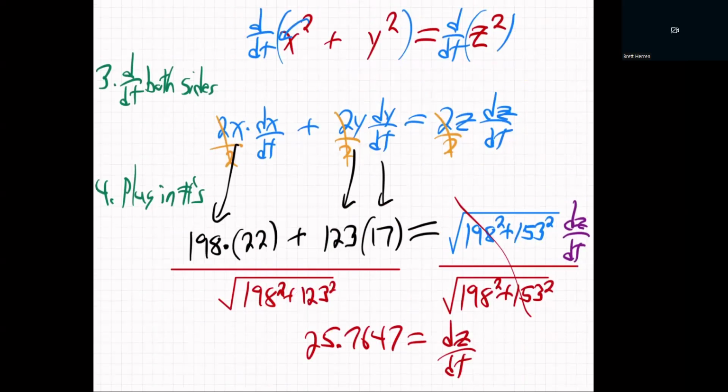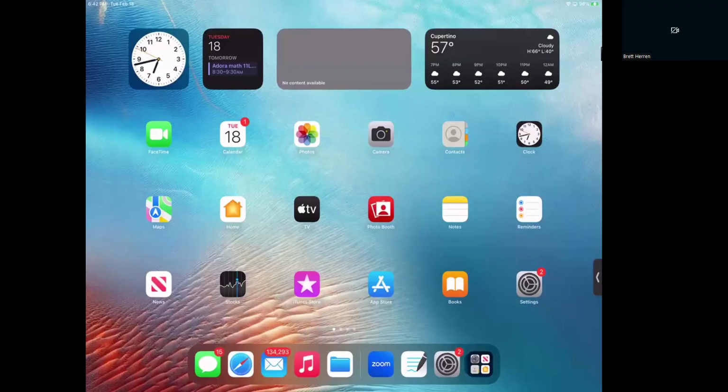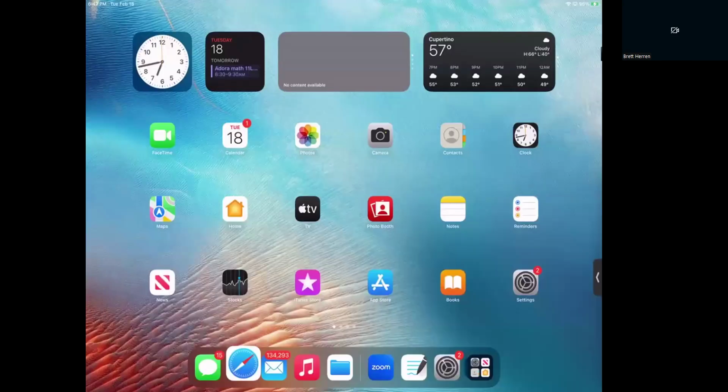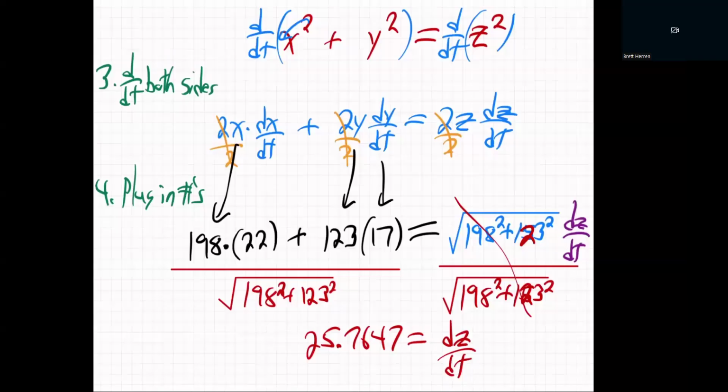Okay, let's put that in. 123. Let's see if we can put that in and get that answer right. 123, not 153. Okay, 27.6583.